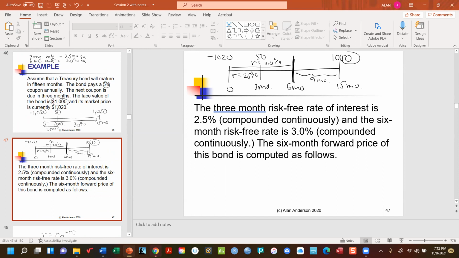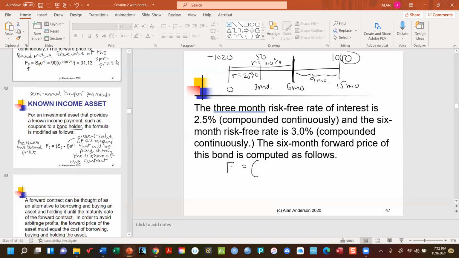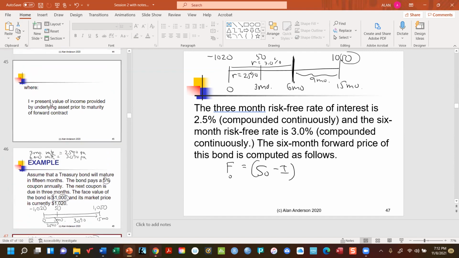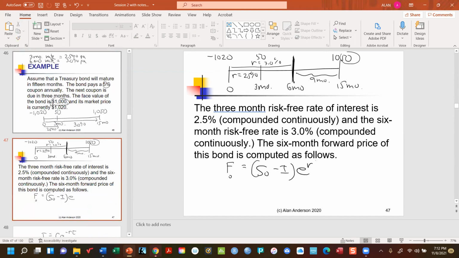The contract begins in 6 months. So we want to know what the bond's price will be in 6 months, or in other words, F. So the formula we saw is S0 minus I, times e to the rT power. So the first piece of business is to figure out I.